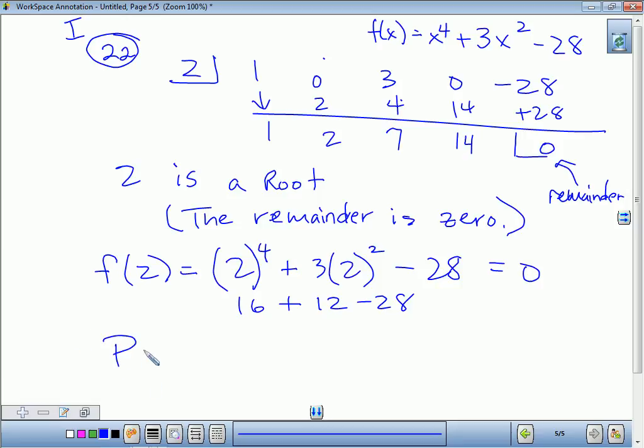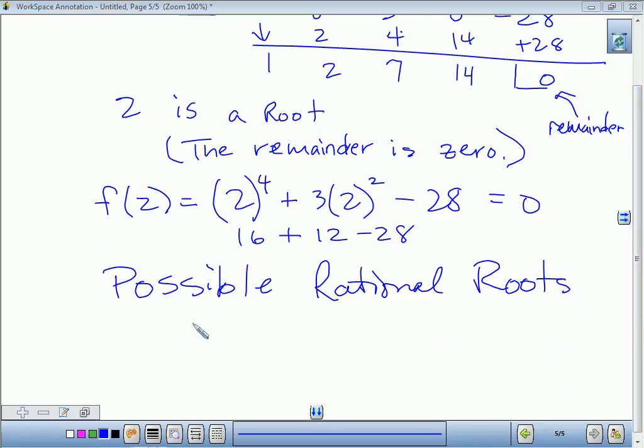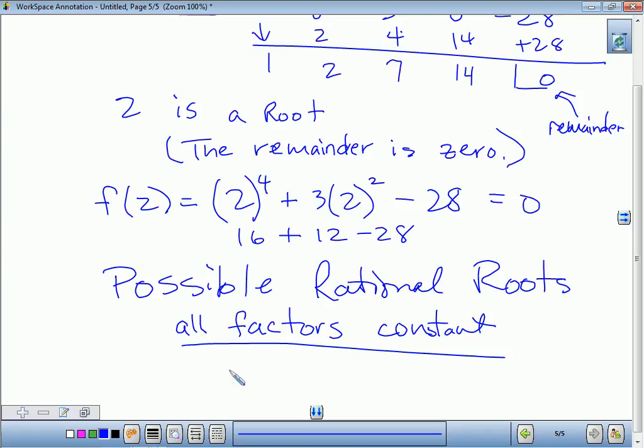Now, if I ask you to find all the possible rational roots, that is where we do all the factors of the constant divided by all the factors of the leading coefficient.